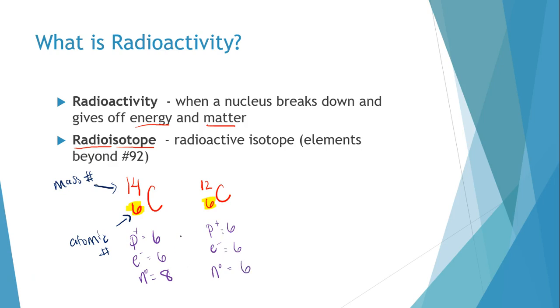So as you can see, they have the exact same number of protons, they have the exact same number of electrons. What's different here is the number of neutrons. That makes them isotopes. The reason for going through this is because we're going to be looking at these symbols a lot for some nuclear decay equations, and I want to make sure that you remember how to interpret these little symbols.